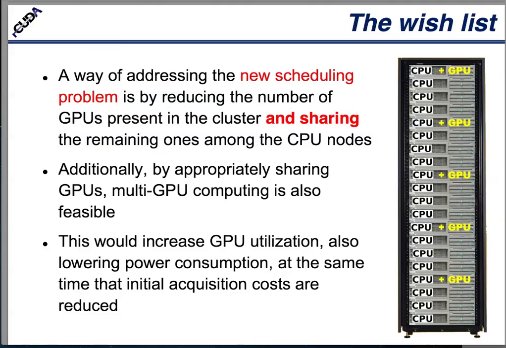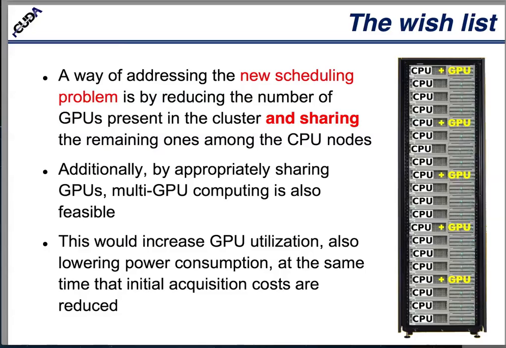What we want to do is reduce the number of GPUs, but provide some tool that may share these GPUs with all the nodes in the cluster. That is, whatever GPU in the cluster can be accessed from whatever node in the cluster.